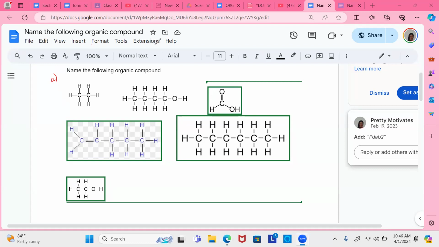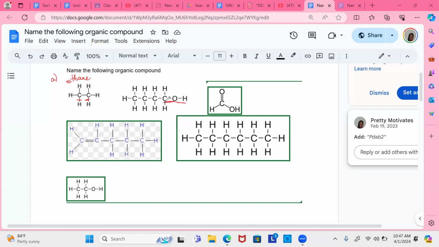Let's go. Carbon, carbon, single bond. Good. So which homologous series is it? Alkane. So it's an alkane. How many carbons are in this alkane? 2. So it's ethane. Clear? All right, so let's look.